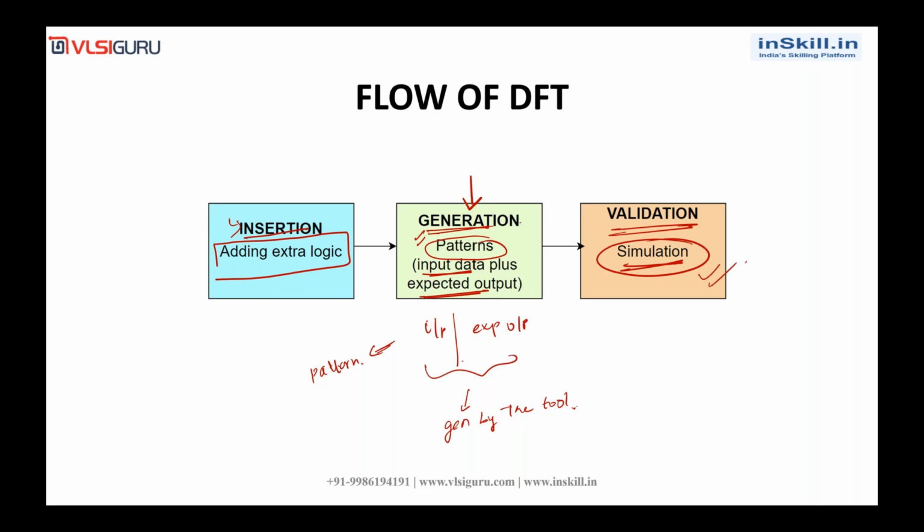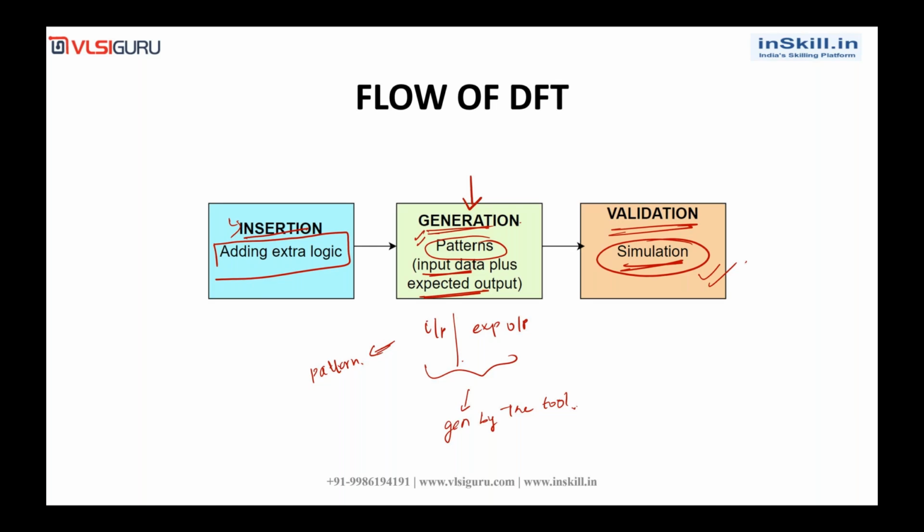Because if we write the input sequence and expected output, there can be some human error, so we need to validate it. But if the tool generates the patterns, why do we have to check if proper patterns are generated or not?